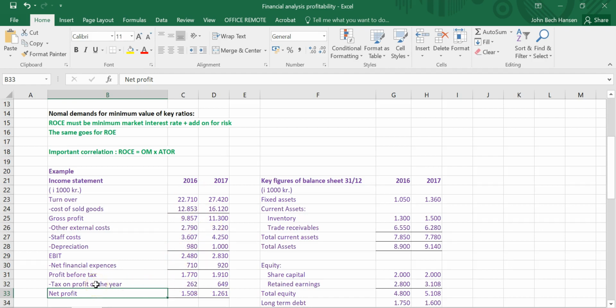Tax is not a cost the company is using to make a profit. All the rest, cost of sold goods, personnel cost, depreciation, financing, all these costs are necessary in order to make the turnover.